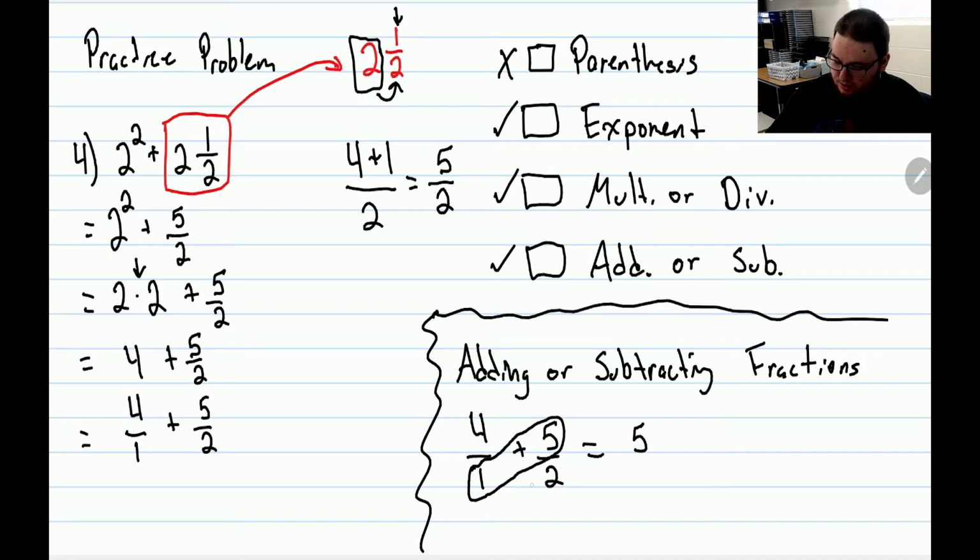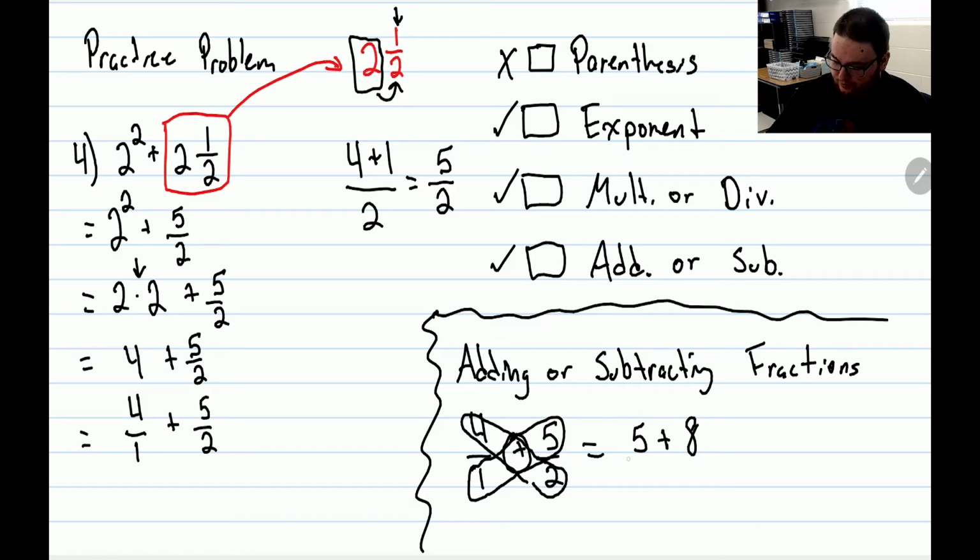Then we're going to take the bottom of the second one and multiply it with the top of the first one. So we have 4 times 2. That gives us 8. Then, whatever operation, whether it be subtraction or addition, will go in between them. So in this case we have addition, so we're going to put addition between them.